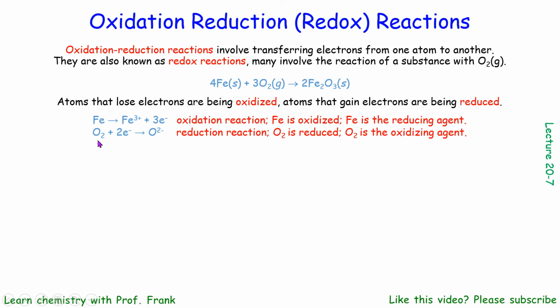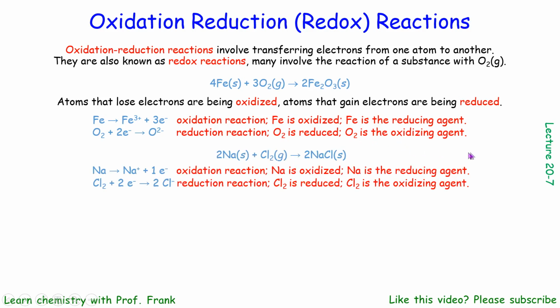Oxygen, on the other hand, gains electrons, then undergoes a reduction reaction. So we say oxygen is reduced, and oxygen itself is the oxidizing agent. Look at another reaction. Each sodium atom lost 1 electron.